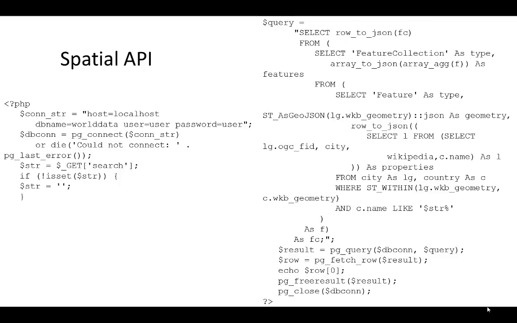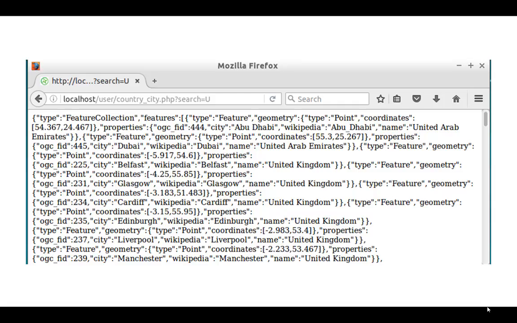Up here, we're going to return the LG ID. LG is the city ID, the city name, the Wikipedia entry from the city table, but also the name of the country from the country table. So this will allow us to do a spatial query on the basis of a country to return cities within a country.